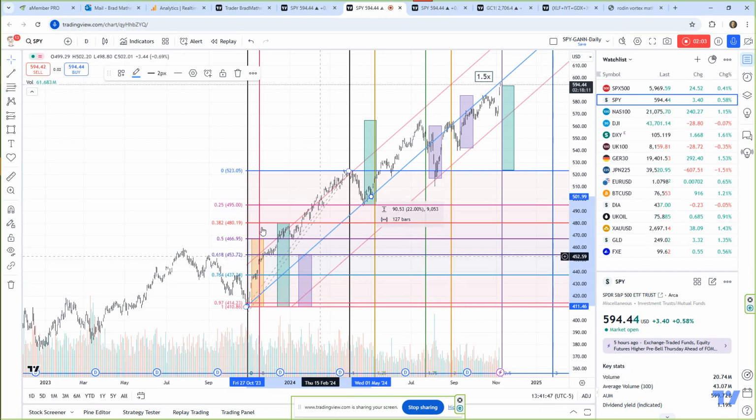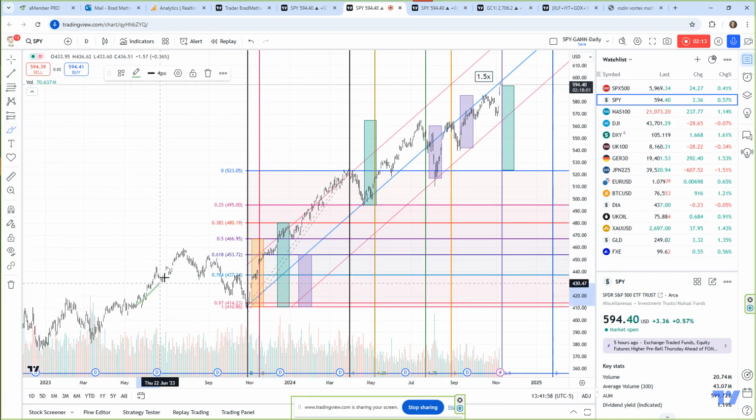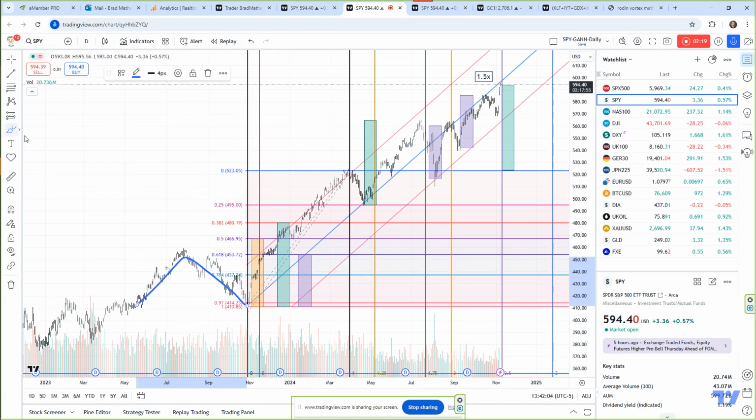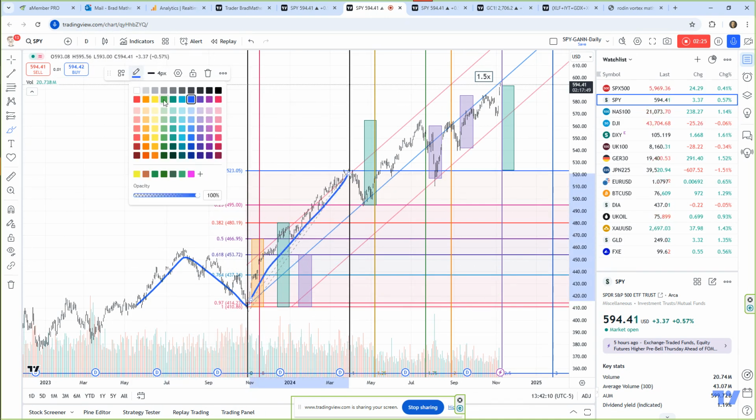So then what I did is we map out the impulse move after a pullback, after a big broad pullback. So we're really looking at this move here into the pullback, and then I'm mapping out that first impulse move, which is from basically here up to here as the impulse move.